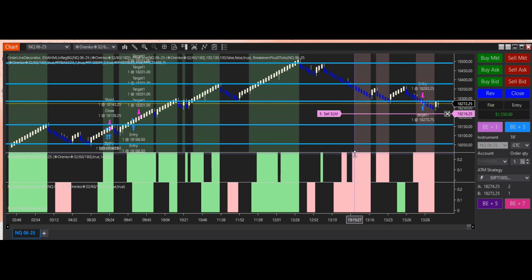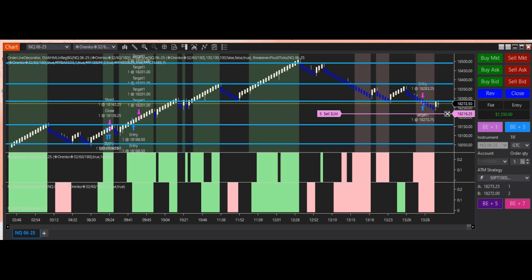And the limit order is right below the resistance line. I'm expecting price to bounce off of that resistance and go down, since price is in a downward momentum shift currently.